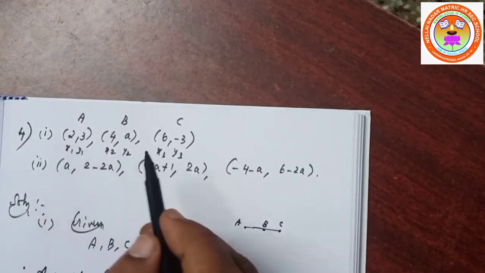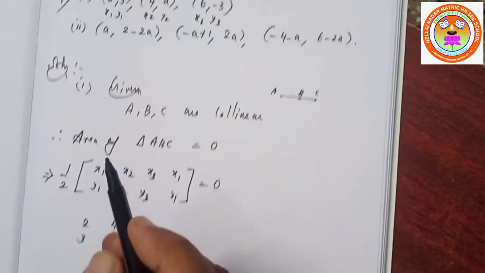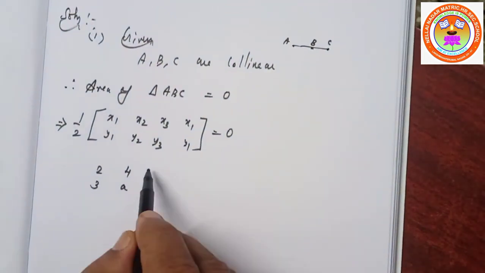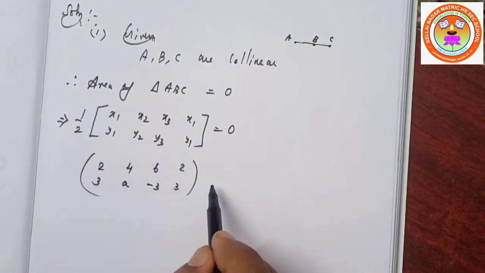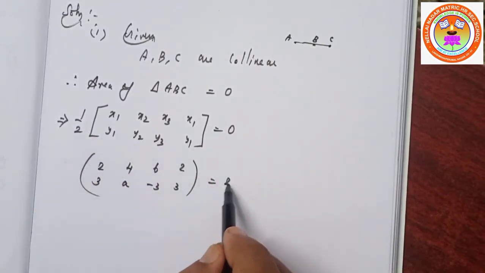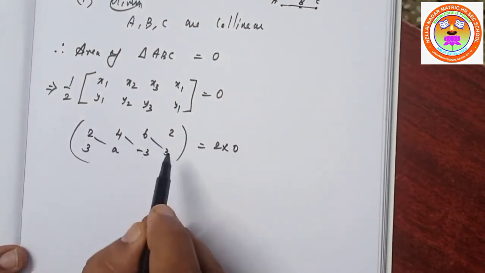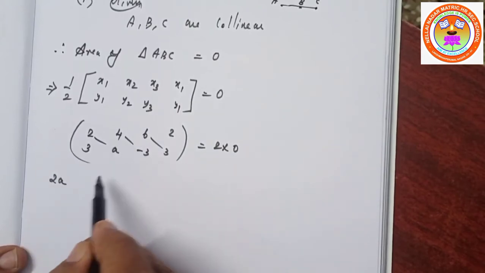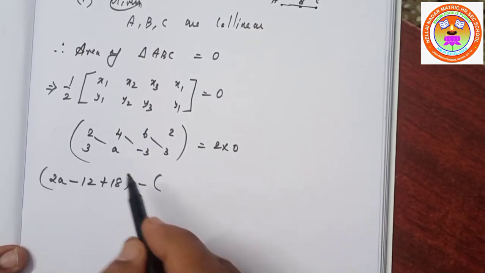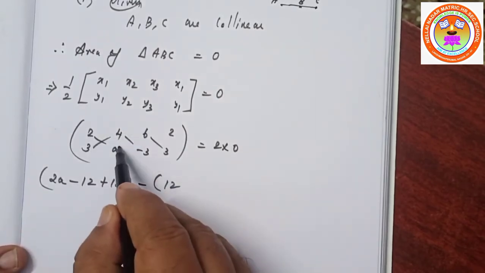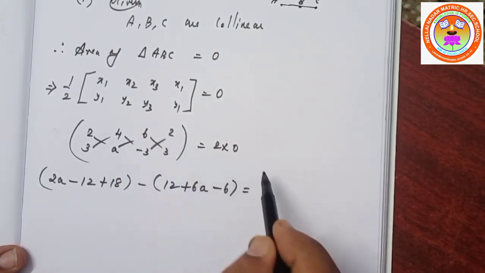What is x1 y1? 2, 3, then 4, a, then 6 comma minus 3, again x1 y1, that is 2, 3, equals, you just cross multiply 2 into 0. Now multiply 2 into a is 2a, 4 into minus 3 is minus 12, 6 3s are 18, minus 3 4s are 12, a into 6 is 6a, minus 3 into 2 is minus 6, that is equal to 2 into 0, 0.